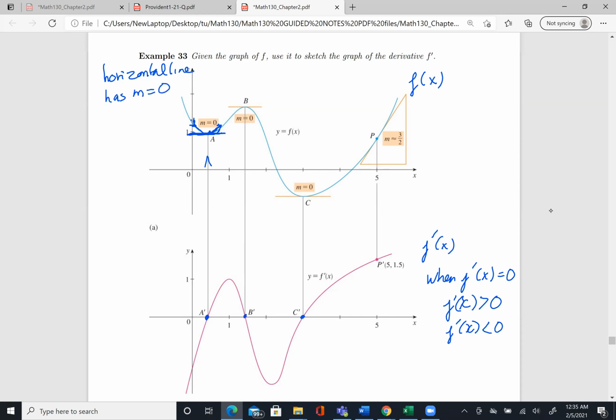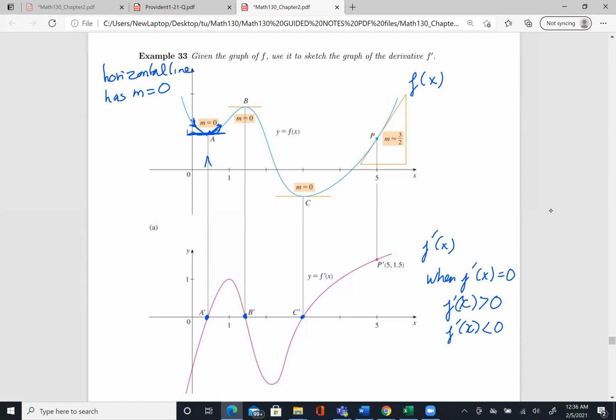So I have the tangent at point A being a horizontal line, so the slope at that point has to equal 0. Also when it goes up to B, you see that f prime of x here is 0, which is the slope of the tangent line.